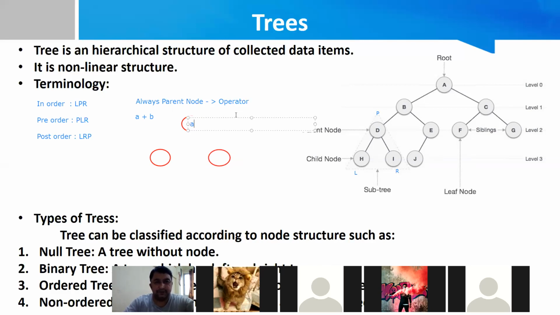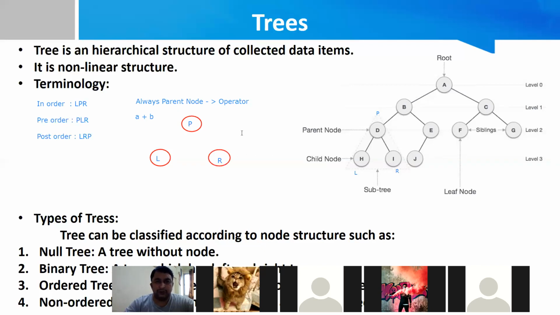This is A, and this is said to be the parent node, this is said to be the left child, and this is said to be the right child.